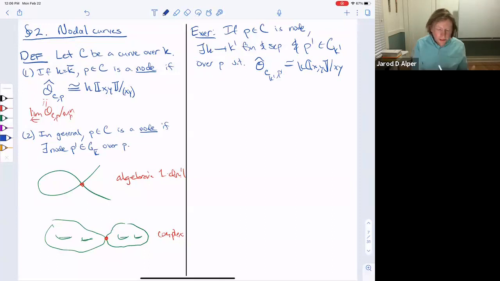So in the definition of a node, we knew this happened over the algebraic closure, but you can then go to a finite separable extension.